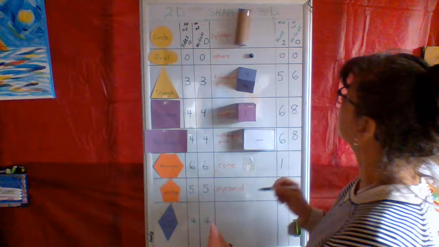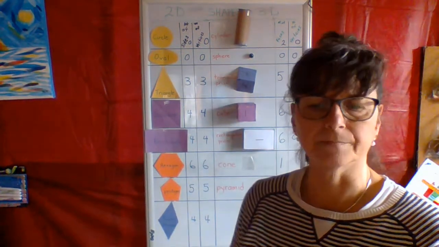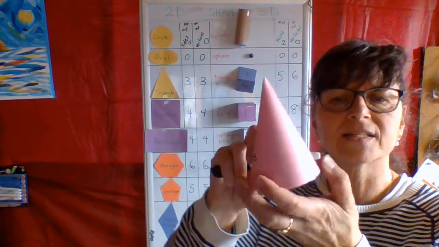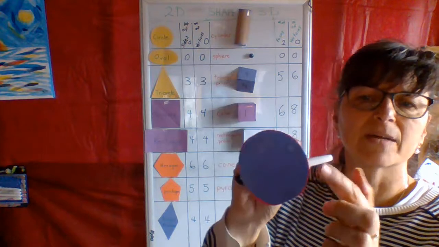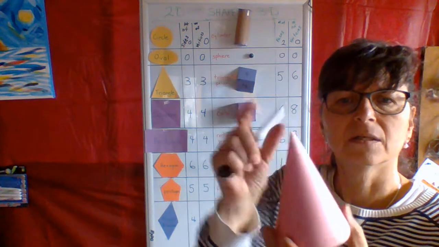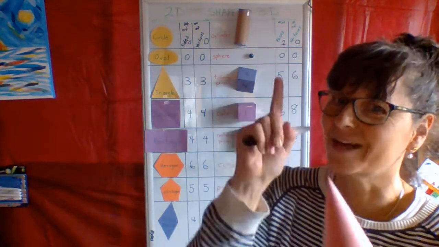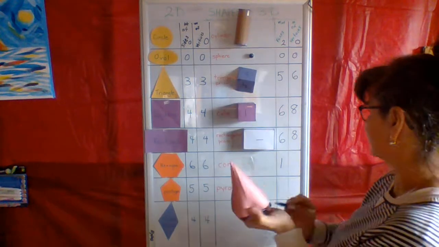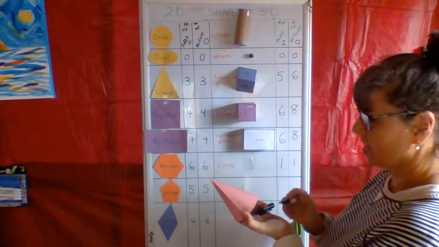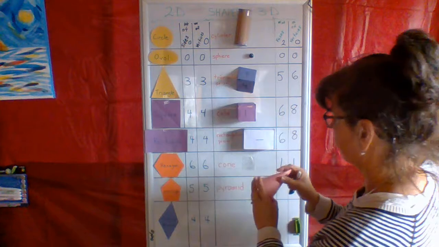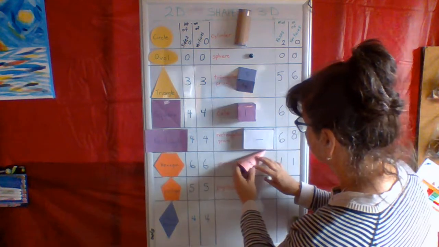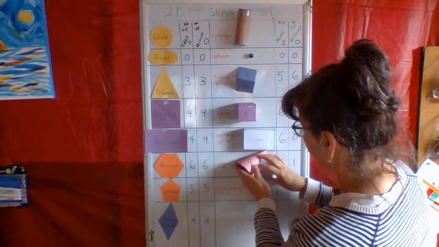One face. Do we have any points on our cone? We don't have any points down here. Ah, yes, we have one vertice as well. So one face and one vertice. And we're going to stick our cone on like this.